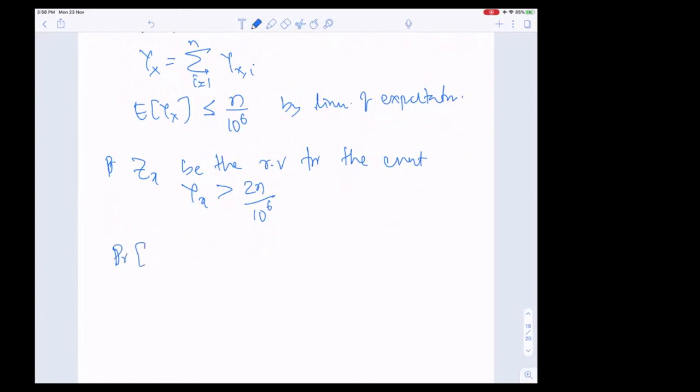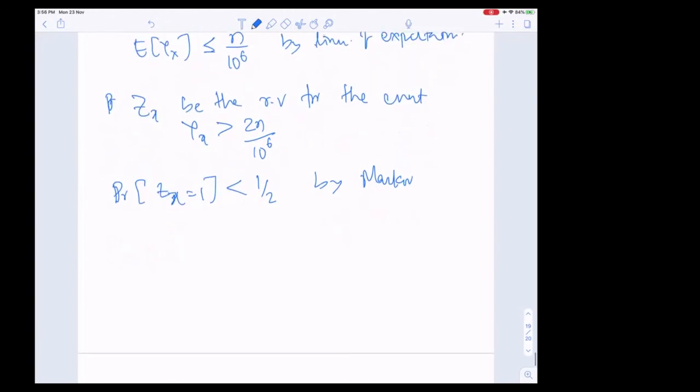So probability that Z_X is equal to 1 is less than or equal to half by Markov. Agreed? Y_X is the number of places that you have messed up, and it is more than 2n over 10 to the power 6. If you apply Markov, this is less than or equal to half.